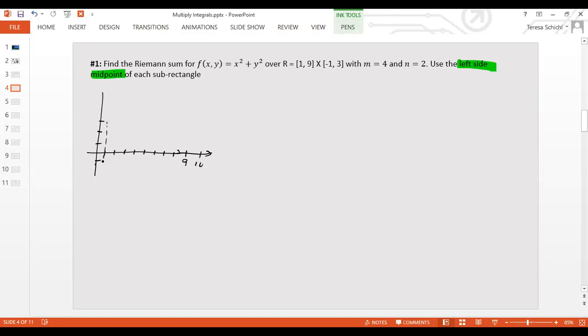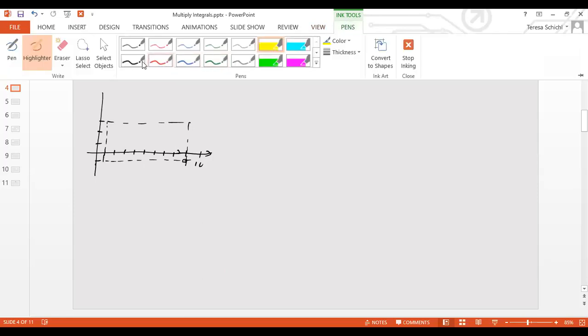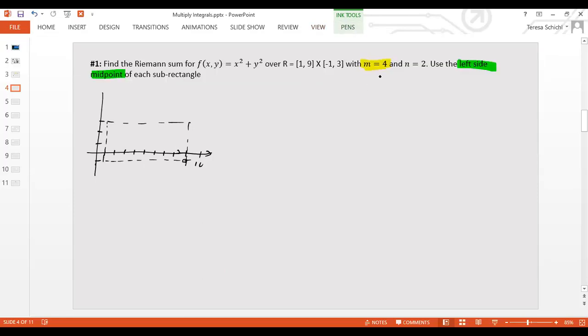So basically this is my region. They tell you x, I'm going to divide it into 4 subintervals. From 9 to 1 is 8, so every subinterval is going to have 2.